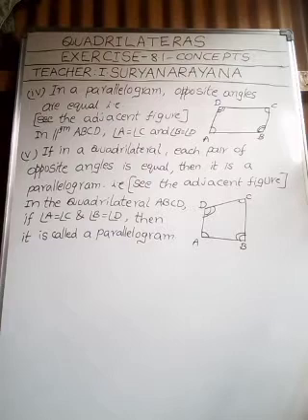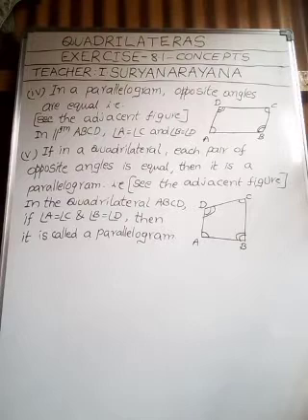Okay, my children. Suppose you want to prove that a quadrilateral is a parallelogram based on its angles. In the previous point, the third point, we used the concept based on the sides: if each pair of opposite sides of a quadrilateral is equal, then the quadrilateral is a parallelogram.